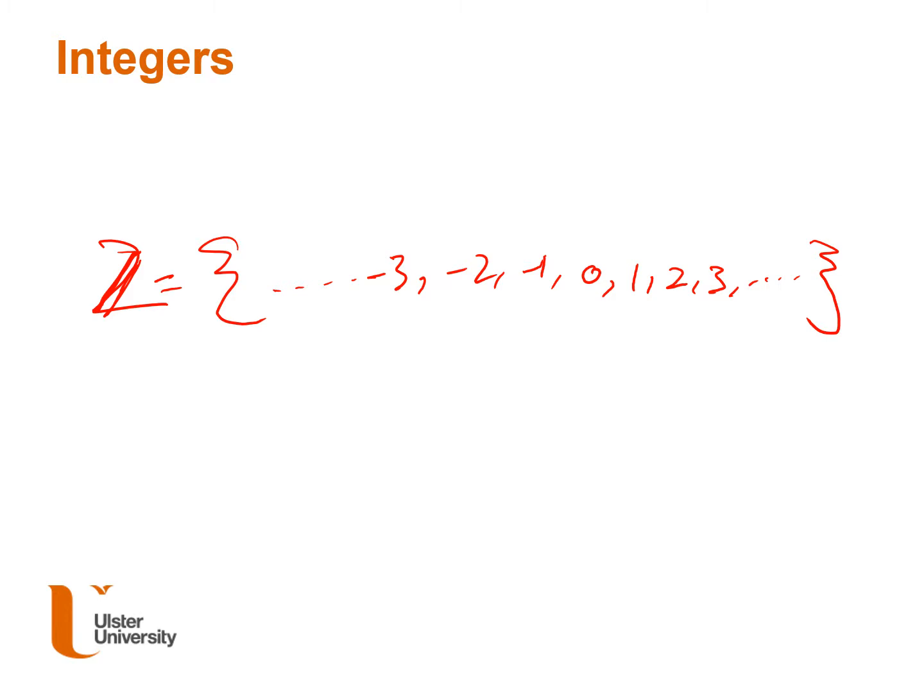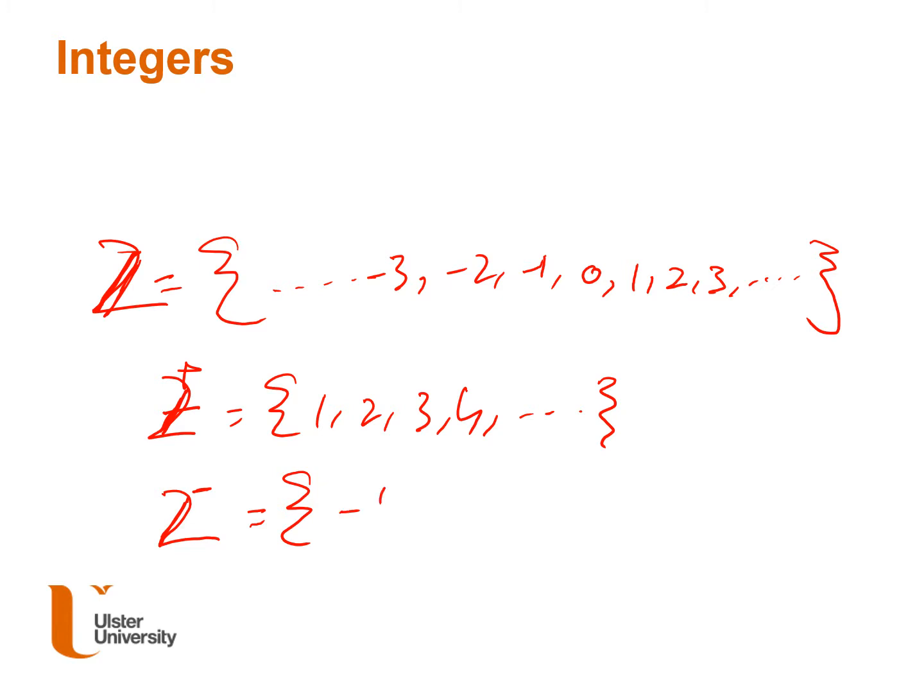The set of all positive integers is denoted by Z plus. It would be 1, 2, 3, 4, and so on. The set of all negative integers, -1, -2, -3, is denoted by Z minus.